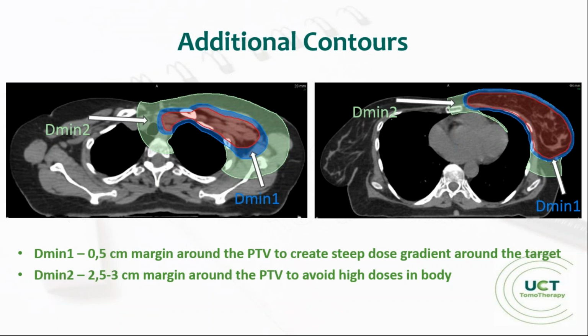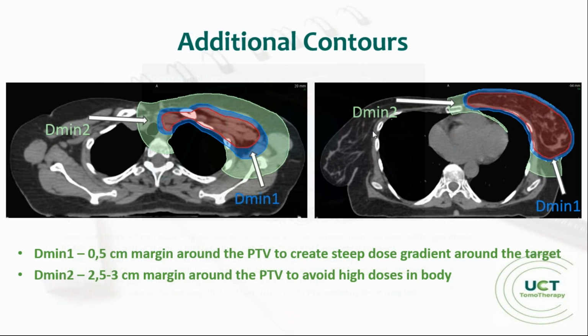DMIN1 is a small margin of 0.5 centimeter around the PTV, and I use it to create a steep gradient around the target. DMIN2 is a 2.5, maybe 3 centimeter margin around the PTV to avoid high doses in the body close to the target.